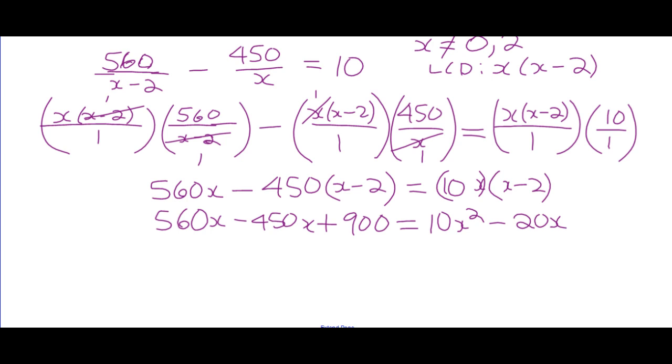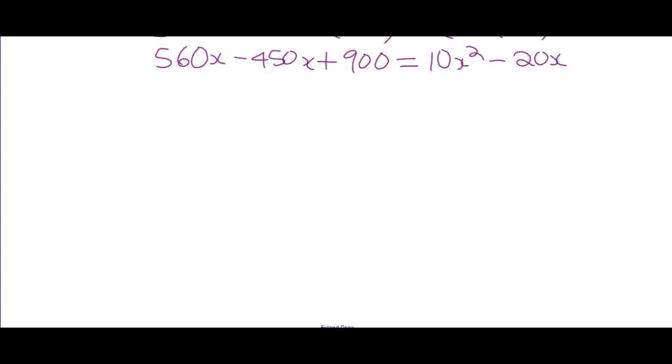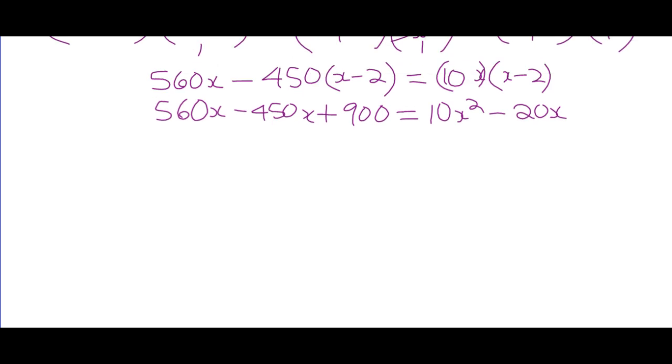So we have a quadratic. Before we move everything over, we'll do a little more simplifying. So 560 minus 450 is 110x, plus 900 is equal to 10x squared minus 20x. That's just simplifying that line.